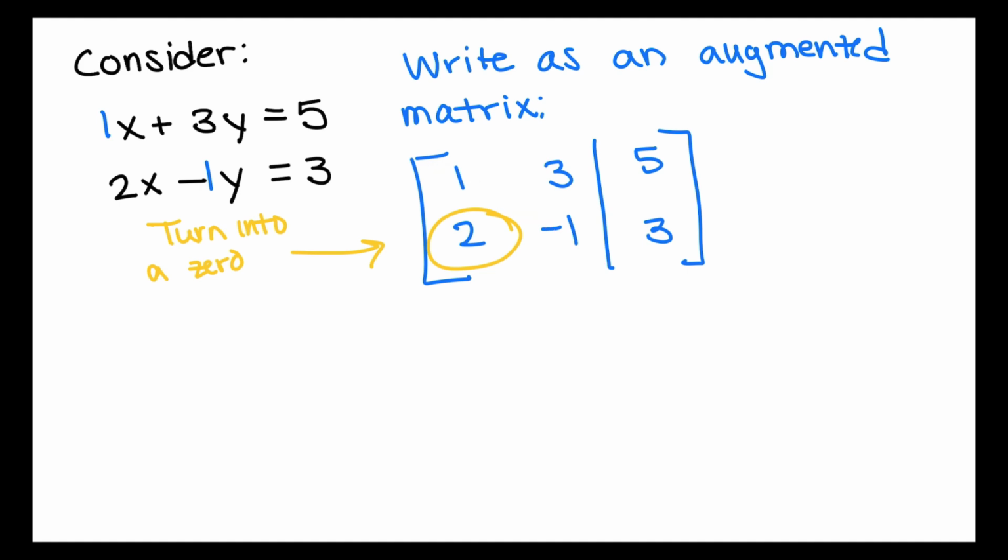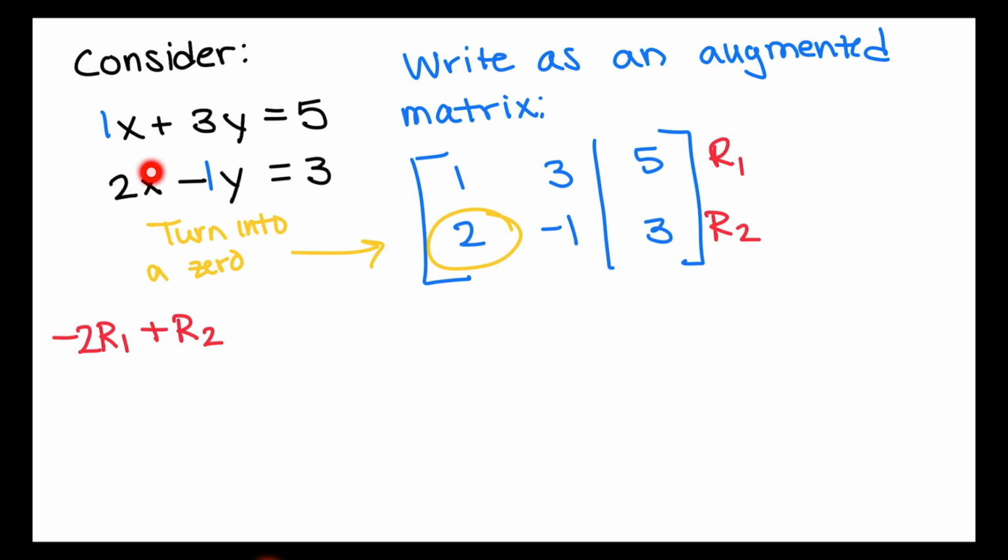So in this case, if I want to turn that 2 into a 0, I'm going to take my first row, and I notice that my first row has a 1 above it. So if I multiply the first row by negative 2, and then I add these together, that will give me a 0. My thought process is really similar to that elimination method.